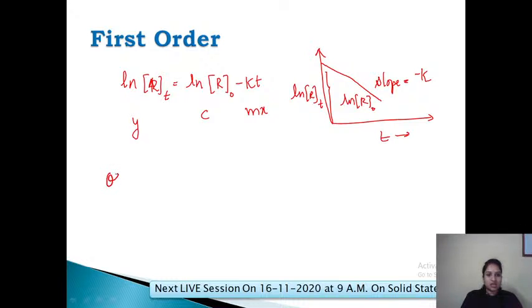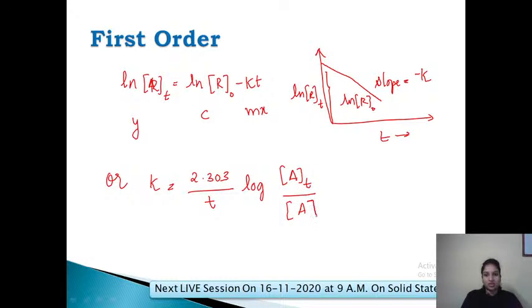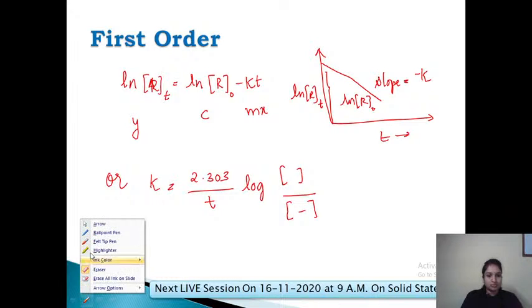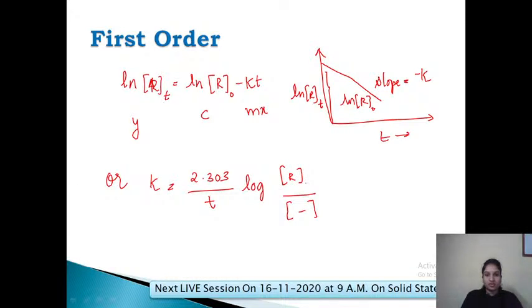So from this equation, if you integrate it, we get k equals 2.303 upon t, log of A naught, that is R naught, upon log of R. So this is the integrated rate equation, log of R naught upon R at certain time t. This is your first order reaction.